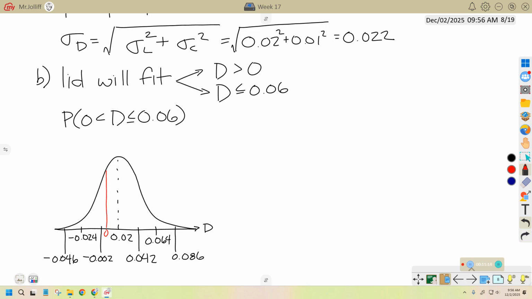And 0.06 should be a little bit to the left of 0.64. And to find the probability that I'm between those two values, I'm looking for the area between those two values under the curve. So I want that.